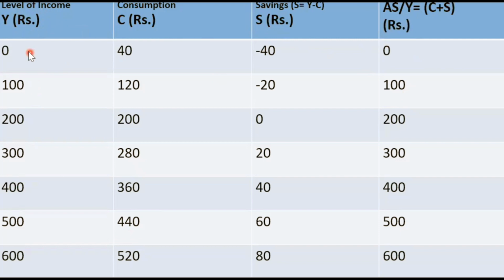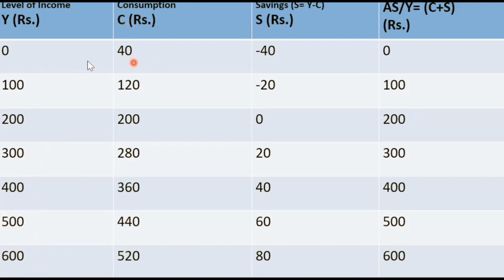At the first level income is 0, then it increases constantly with a difference of rupees 100. Here you can see 100, then 100 plus 100, again 200, 200 plus 100, 300, then 400, 500, and 600. I have taken the same values for consumption, which is shown in the second column with the letter capital C.